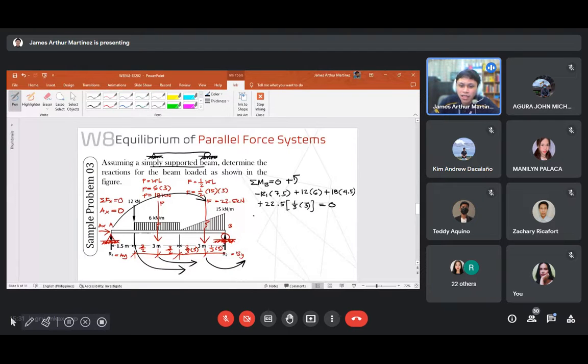So in this equation, we have only one unknown variable. If we move the term negative R1 multiplied by 7.5 to the right side of our equation, it becomes positive. So how much is R1?